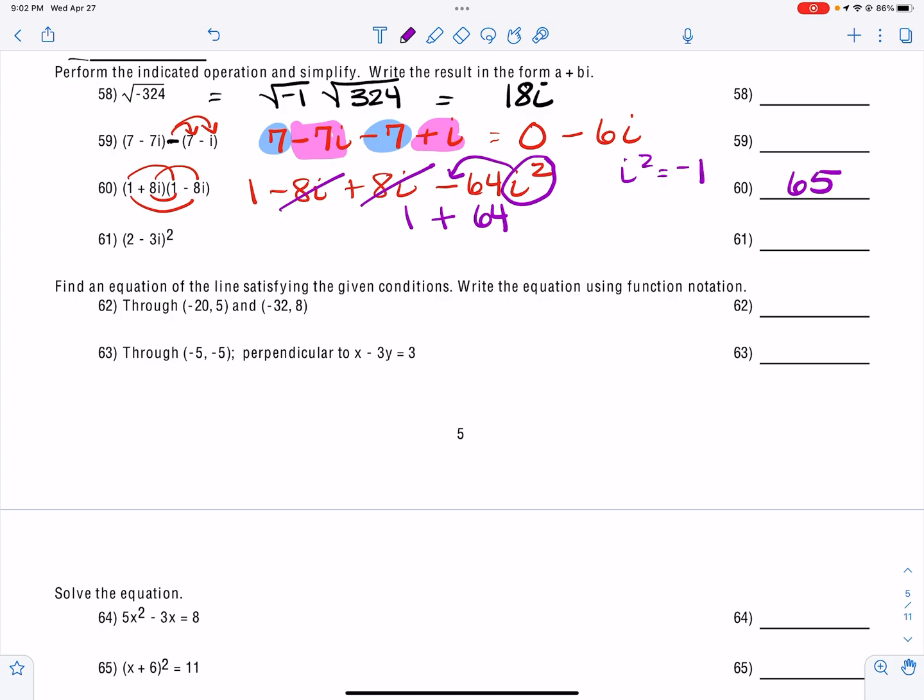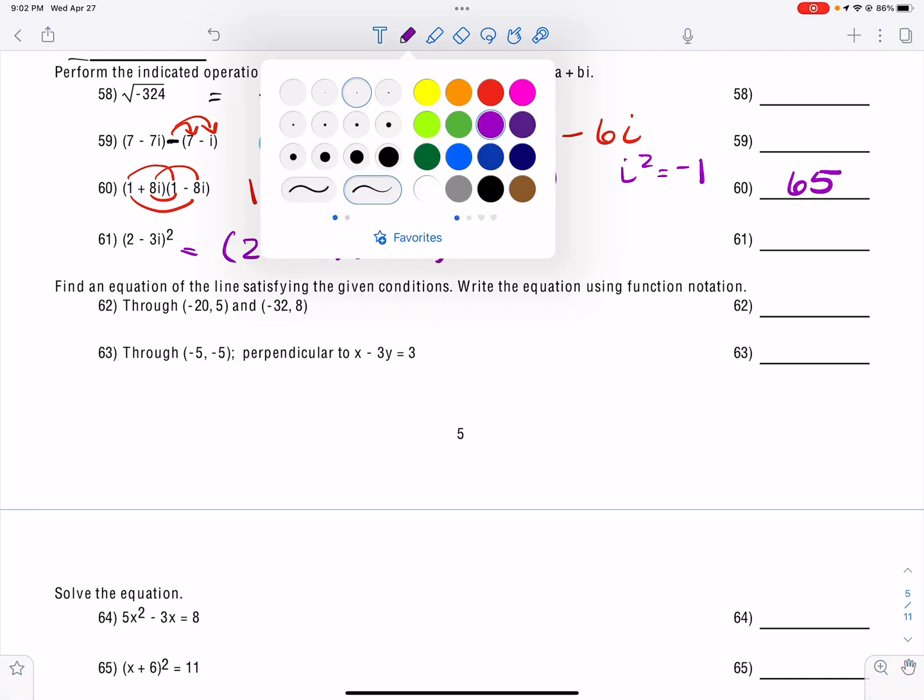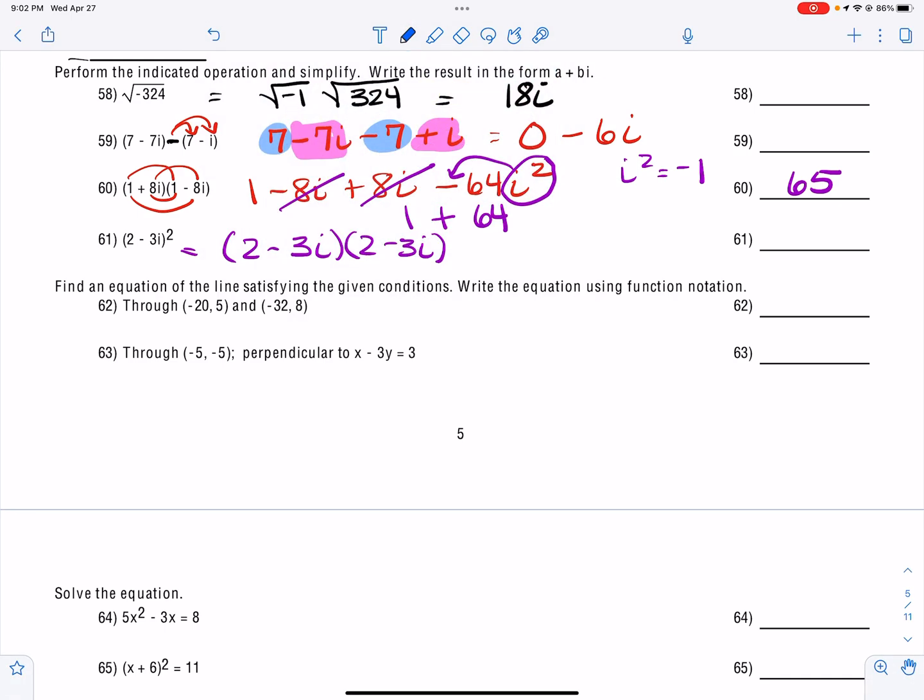I would recommend in this next problem that you actually write out what that means, because if you don't, the tendency is to square the first term, square the last term, and then think you're done. So I'm going to FOIL. 2 times 2 is 4. The outer is -6i. The inner is -6i.